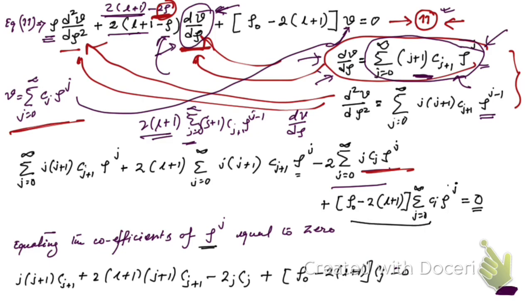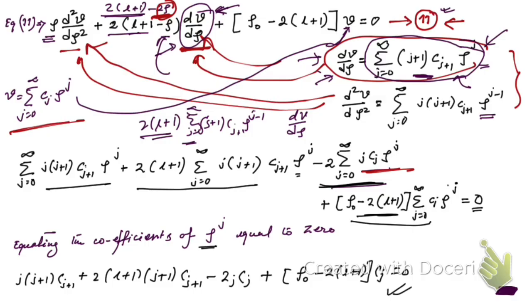These are the coefficients of rho to the power j.